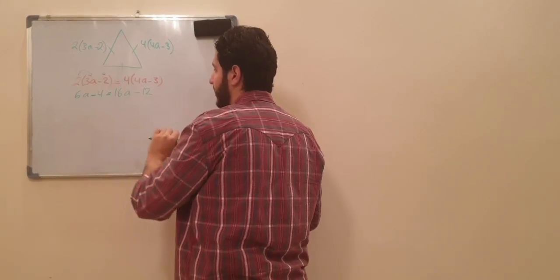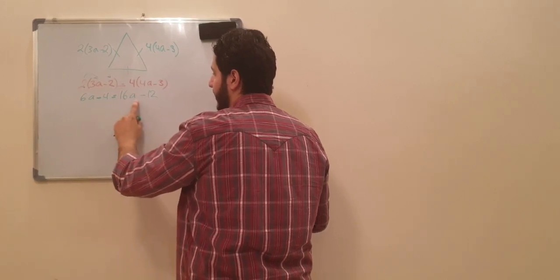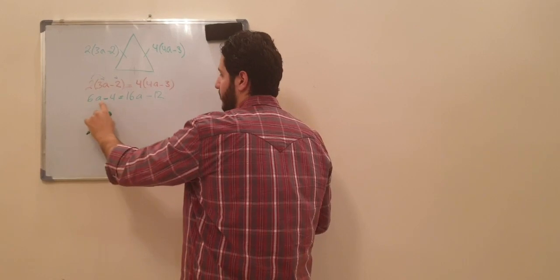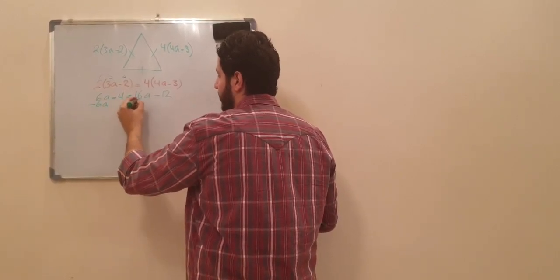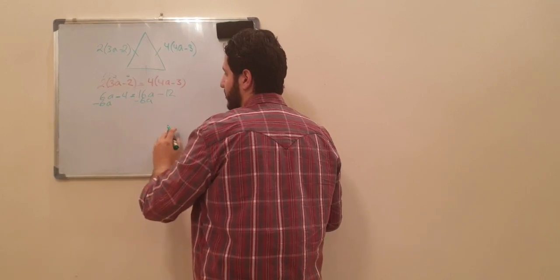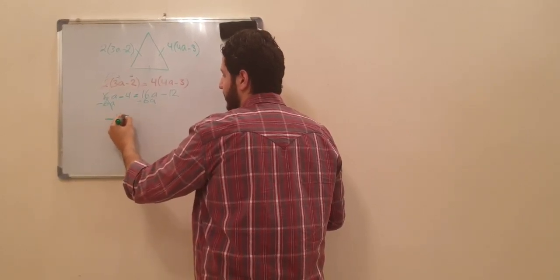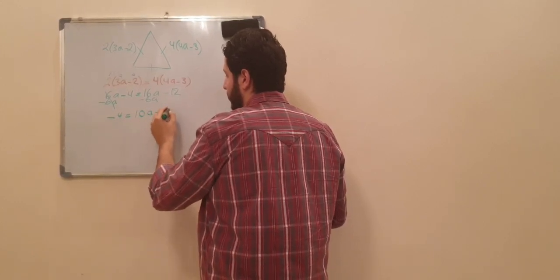Now, after cancelling the brackets, you notice that you have two terms that have letters on both sides of the equation. So we're going to cancel the smaller one by subtracting 6a from both sides of the equation. These will cancel each other, so we'll have minus 4 on this side equals 10a minus 12.